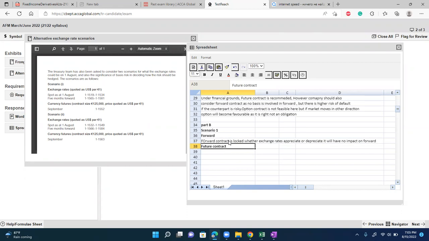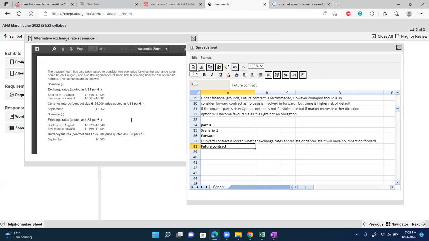So the opening future rate is dollar over euro 1.1560, right? Now the closing future rate in the market is 1.15.